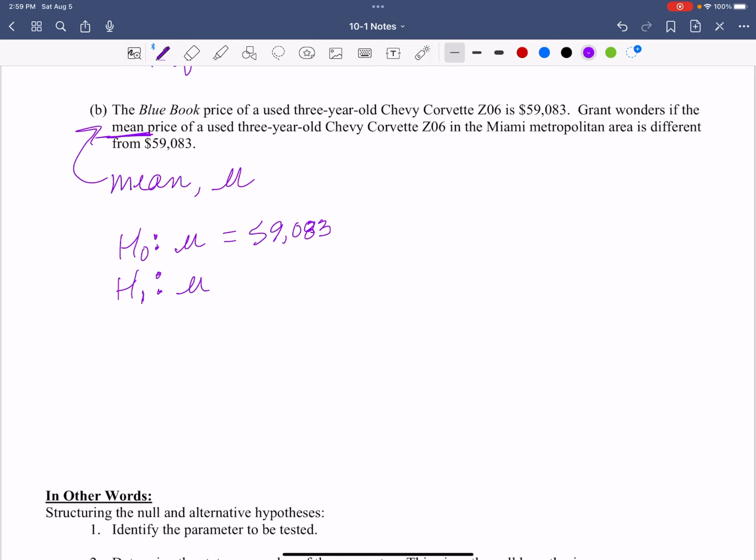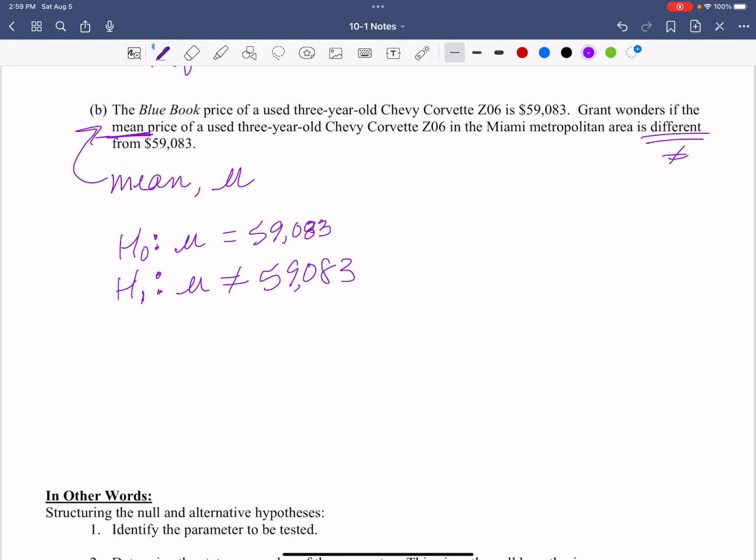What about the alternative hypothesis? What symbol are we using? Is it greater than? Is it less than? Does it just change? Yes. The fact that it says different right here, that tells you it does not equal. That's all that means.